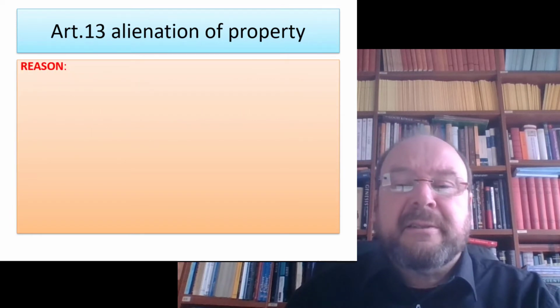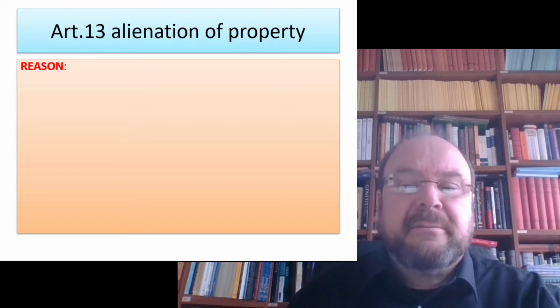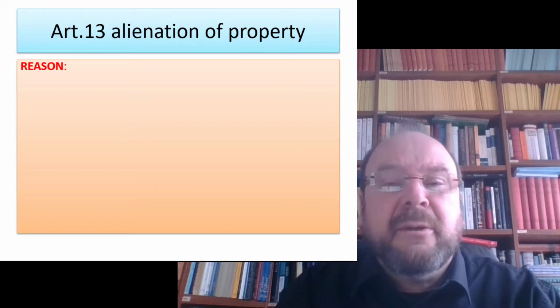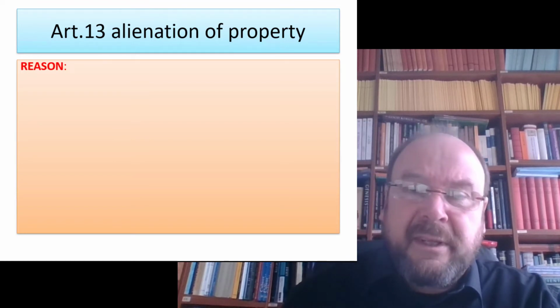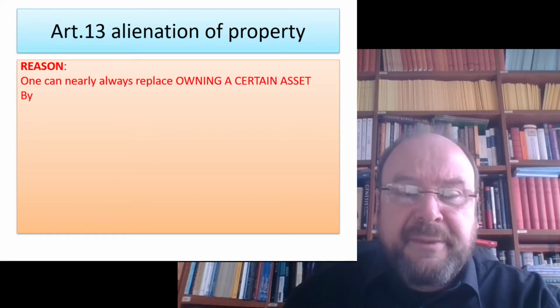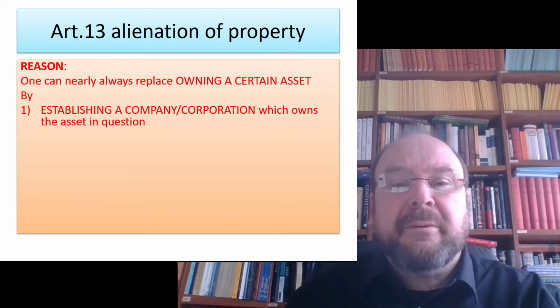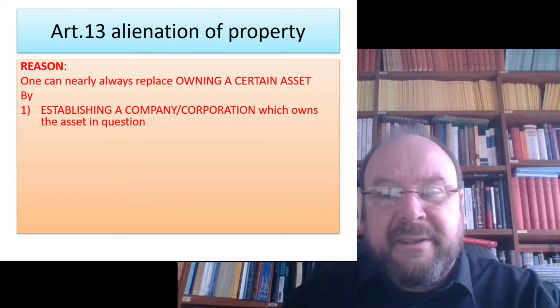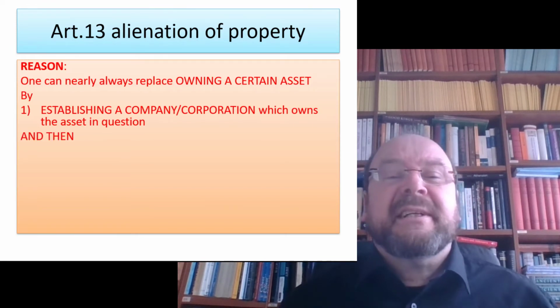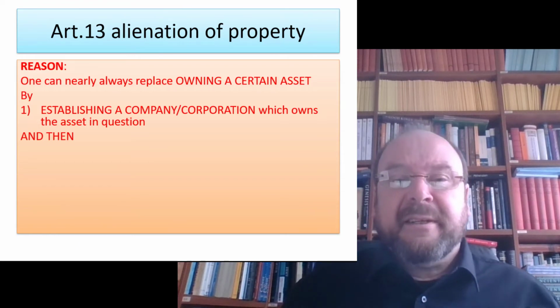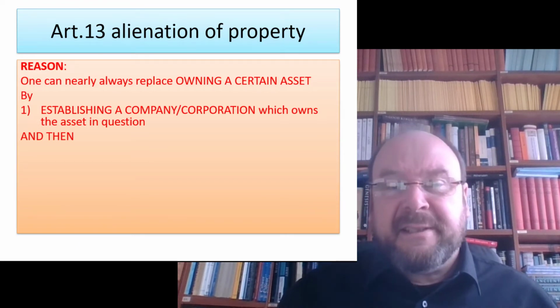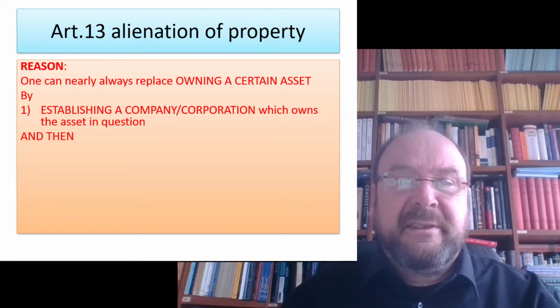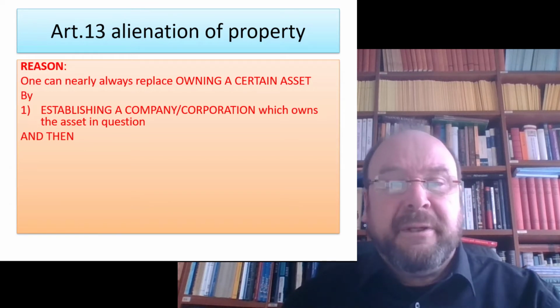The reason is you can always or nearly always replace ownership of a certain asset by setting up a company or corporation which then buys the asset in question. And then you have two choices. Either you say the company is going to sell the asset, or you sell the shares in the company. So you sell the company.